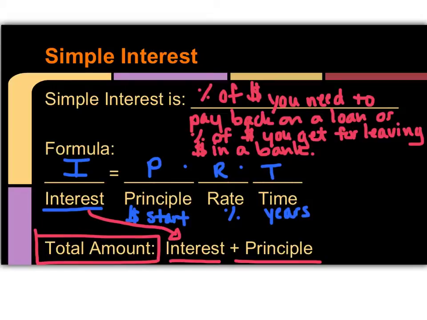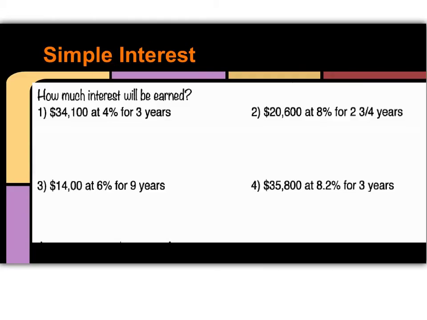Let's try some practice problems. In this first slide, we're just asking how much interest will be earned. Just the interest, not the total. Look at number 1. The principal is $34,100 at 4% for 3 years. Again, we're using I equals PRT. So I equals the principal, $34,100, times the rate.